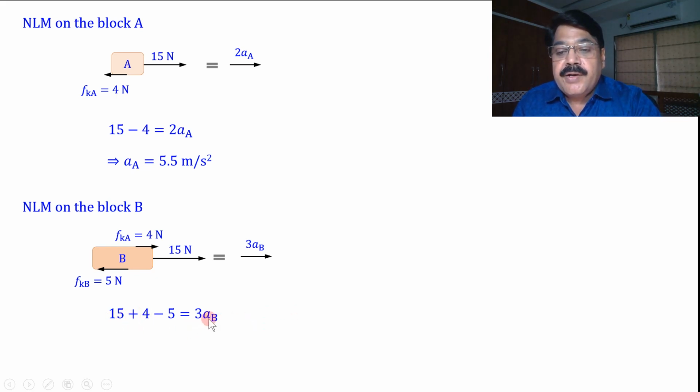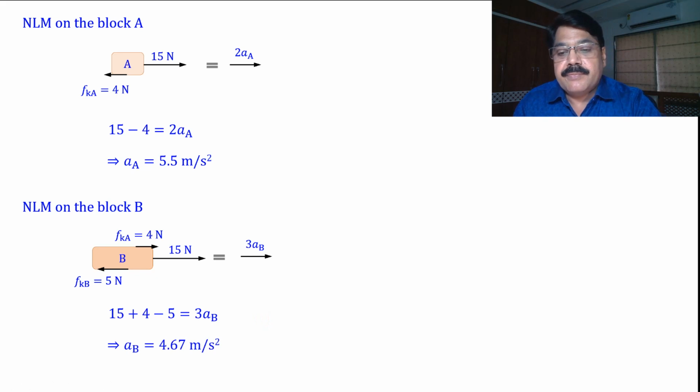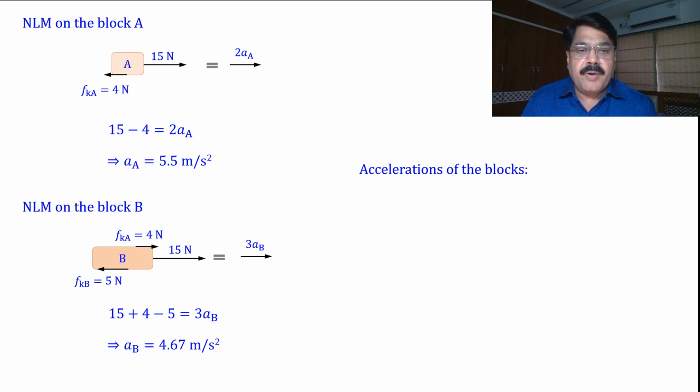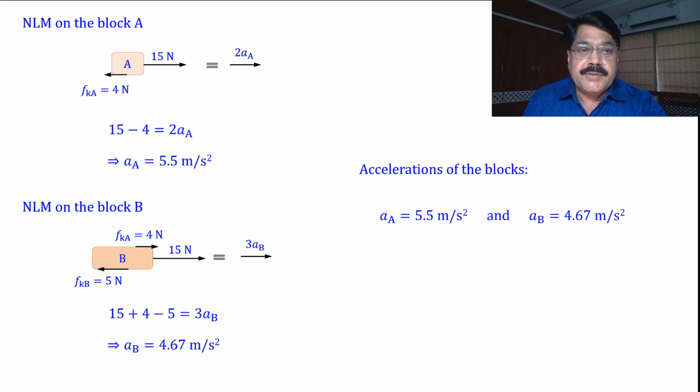That is 14 equal to 3 A of B. So A of B is equal to 14 by 3, so it is 4.67 meter per second square. So both the accelerations we have calculated. Now let us write them. Acceleration of the blocks: A of A is equal to 5.5 meter per second square, and A of B is equal to 4.67 meter per second square.